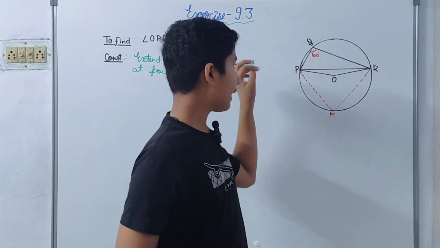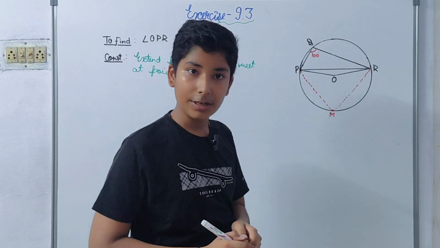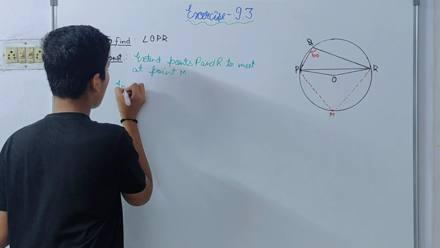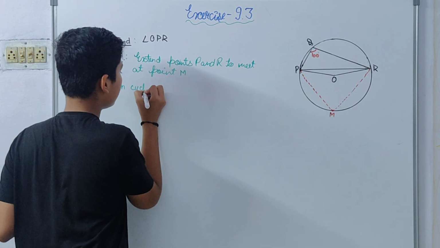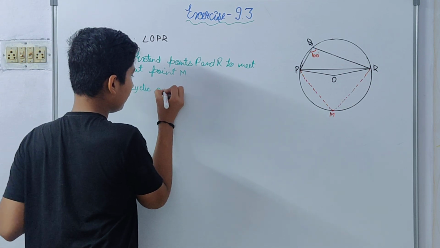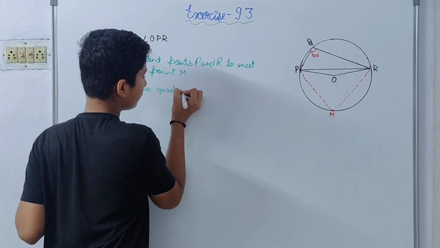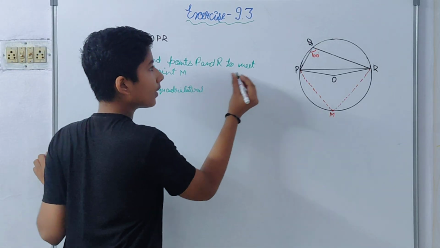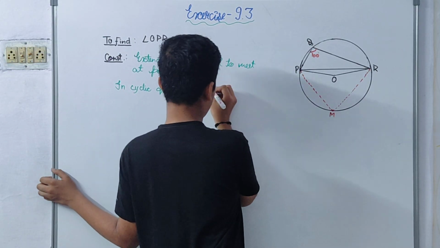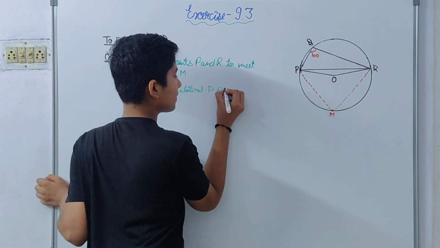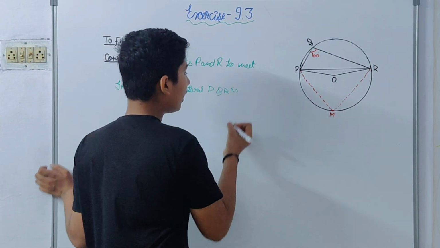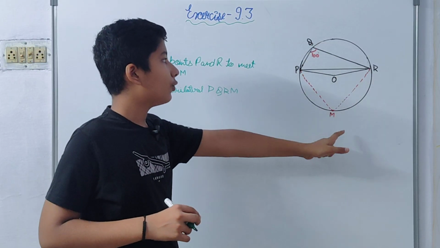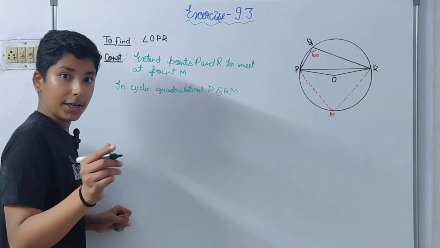First of all, see here, a cyclic quadrilateral PQRM is getting formed. In cyclic quadrilateral PQRM, angle Q plus angle M equal to 180 degree. Why?